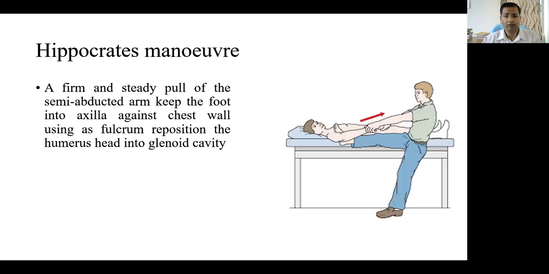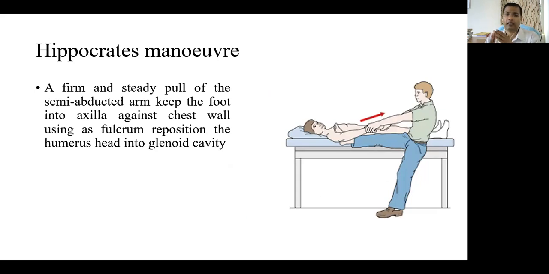In the Hippocratic maneuver, the surgeon usually keeps continuous, steady, full traction in the semi-abducted position, and the surgeon keeps his foot inside the axilla, and against the axilla he pushes the humerus against the chest wall.